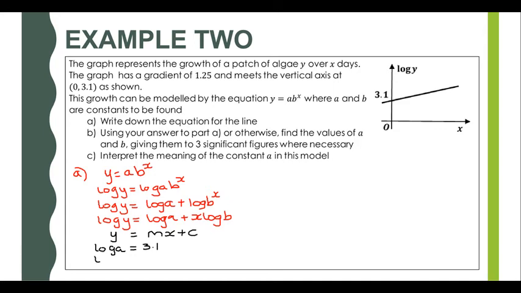So log of b is equal to the gradient, which is 1.25. This gives us the equation log y is equal to 3.1 plus 1.25x.